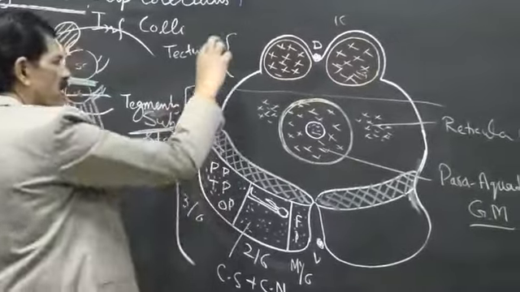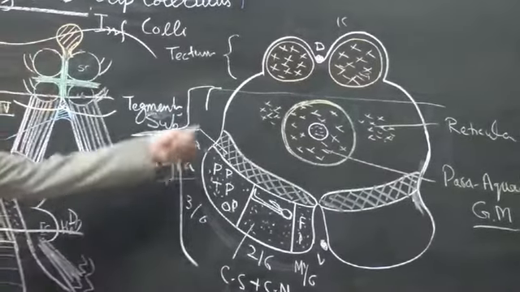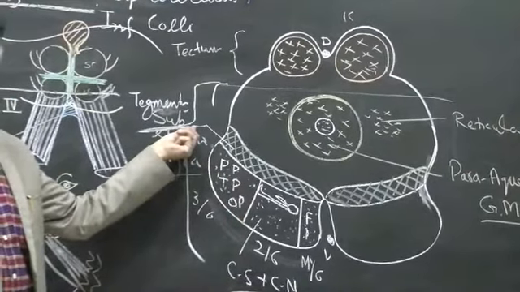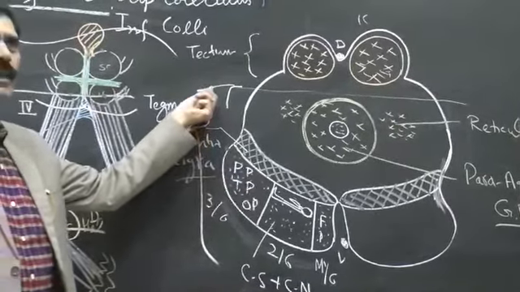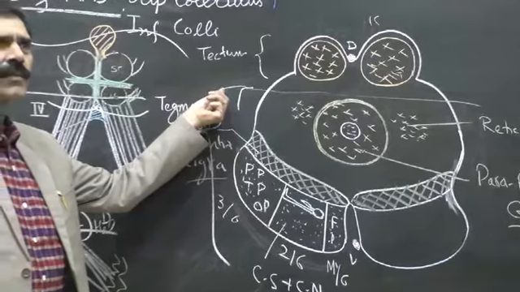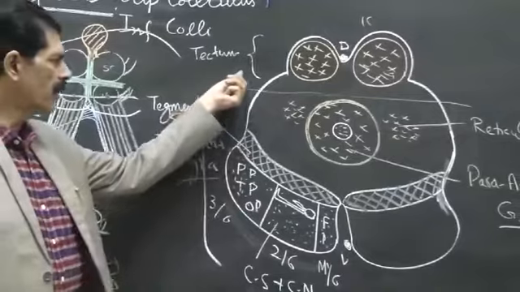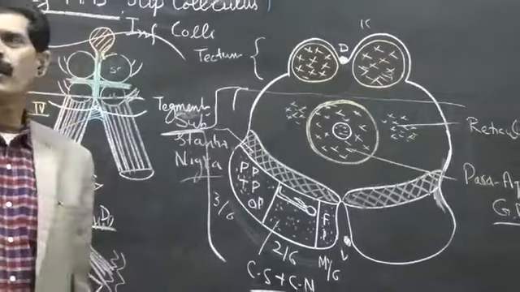The tectum part is small, and the tegmentum part is large. The spelling also follows this: tectum is a small word, so it is the small part that appears as the corpora quadrigemina; tegmentum is a bigger word, so it is the ventral part.